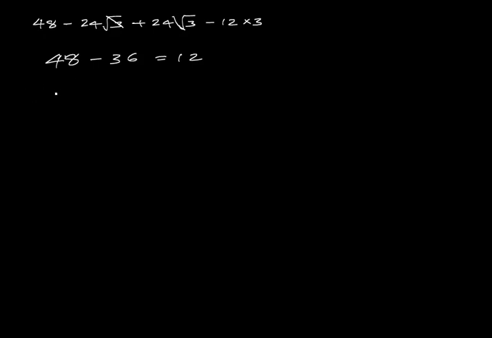So B square is equal to 12, or we can write this as 4 into 3. Then what's B? B is equal to root of 4 into 3, equal to root of 4, that we can take as 2, then write root 3 as root 3 itself. So the mean proportion is 2 root 3.